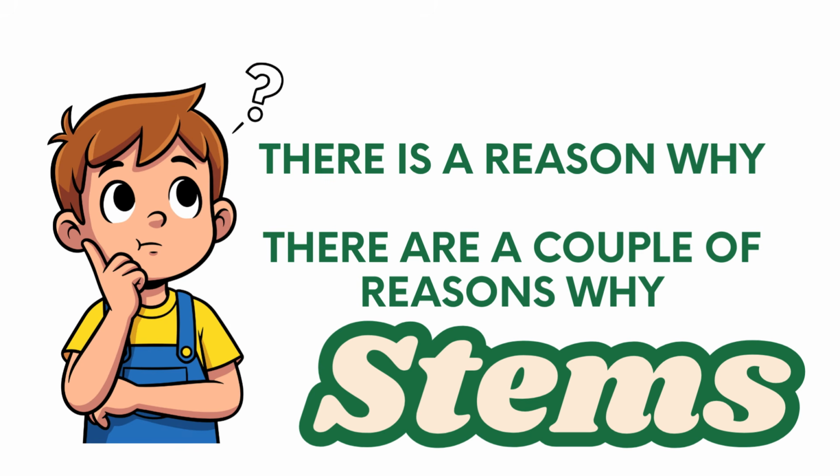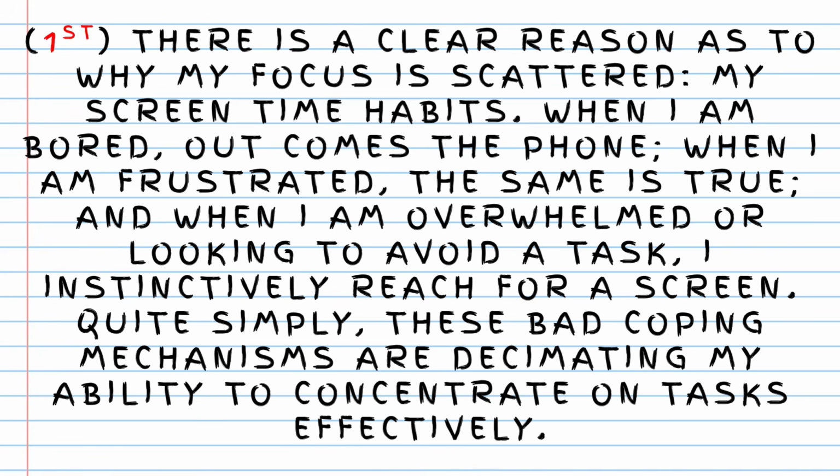So it's kind of elementary and basic, but it works, and here's an example of one with the stem. There is a clear reason as to why my focus is scattered, my screen time habits. When I'm bored, out comes the phone. When I'm frustrated, the same is true. And when I am overwhelmed or looking to avoid a task, I instinctively reach for a screen.